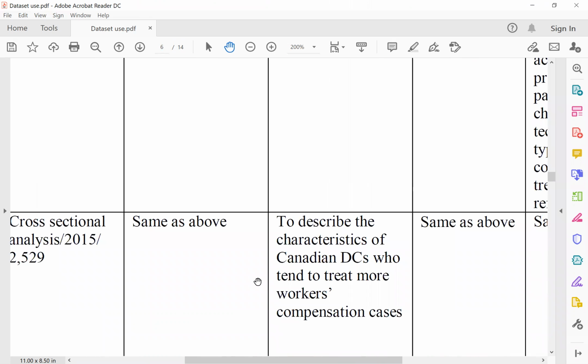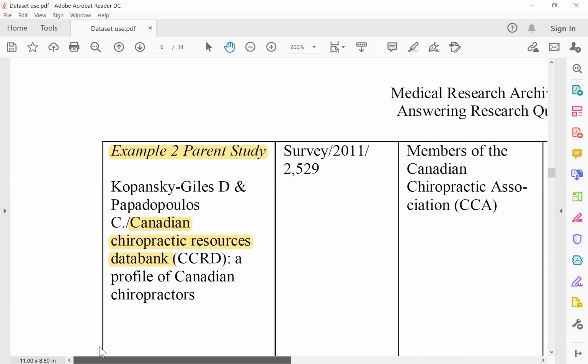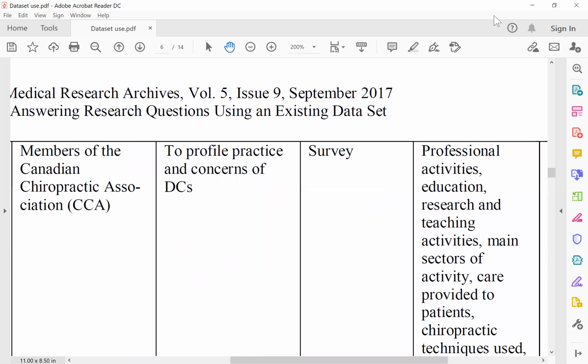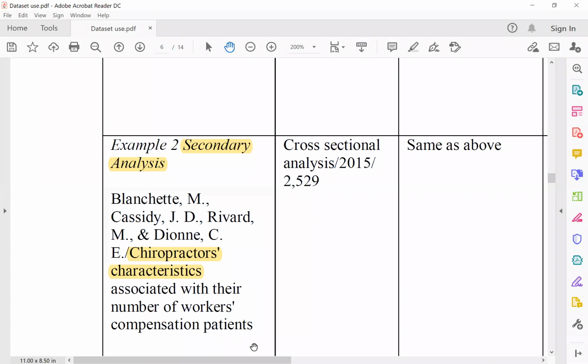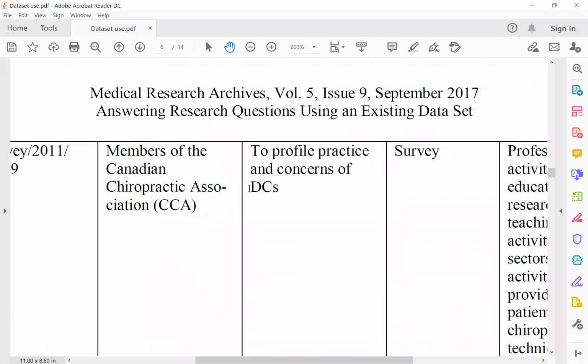The secondary data is the same. Their research question is to profile practice and concerns of DCs, which means doctors of chiropractic, or just chiropractors.